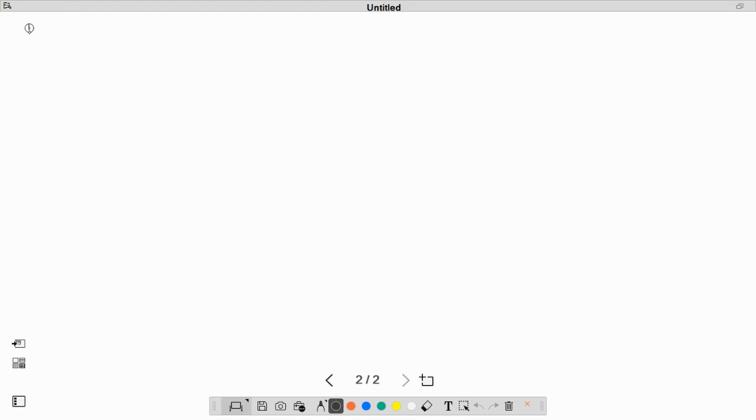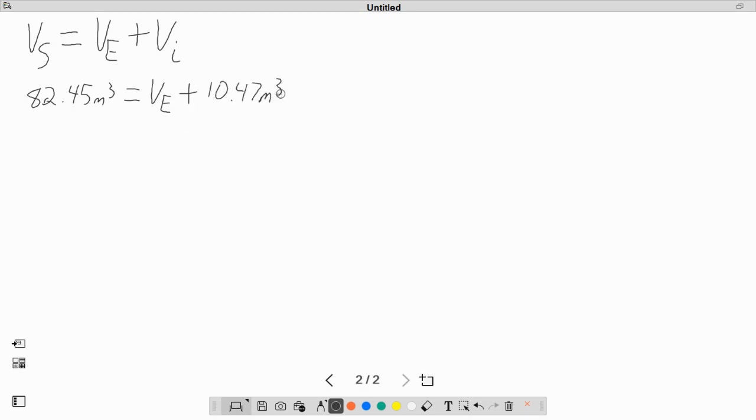So the equation we're trying to solve is the volume of the sphere equals the volume of the empty part plus the volume of the iron. We got the volume of the sphere as being 82.45 meters cubed, equals the volume of the empty part plus the 10.47 meters cubed.